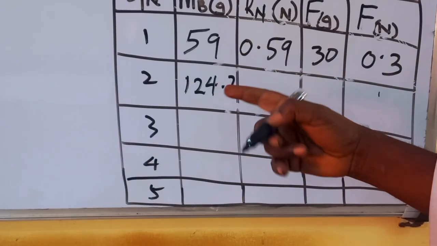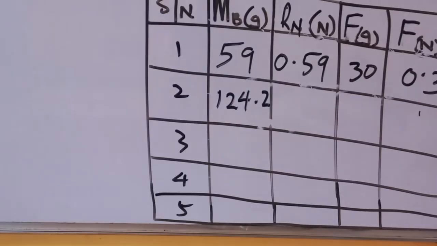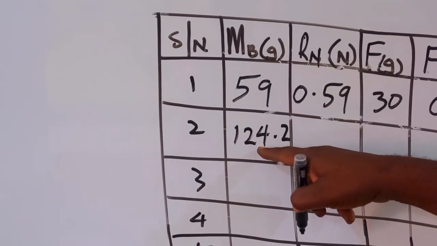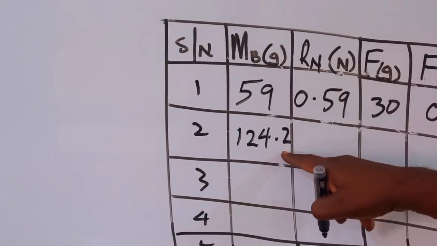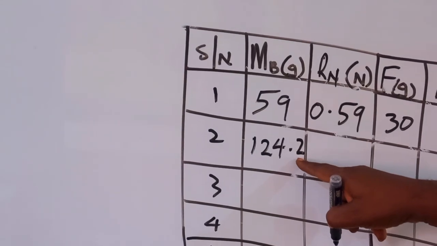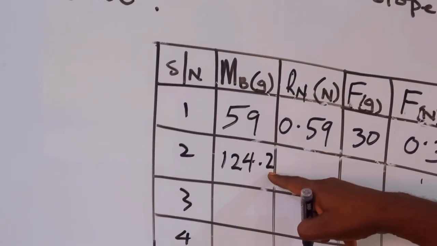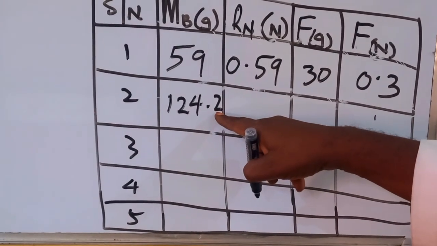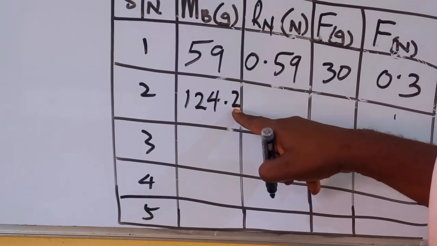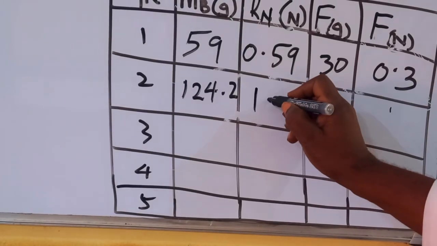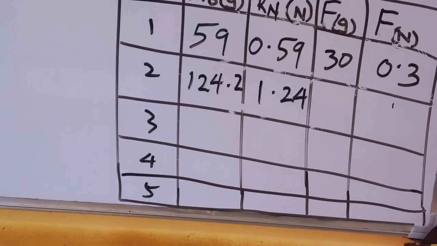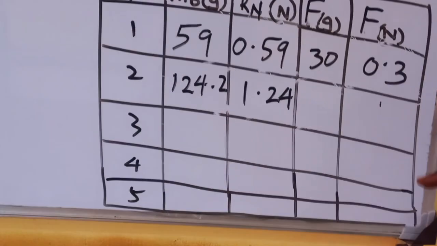That is, I've added our new 65.2 plus 59.0 to obtain 124.2 gram. Now if I divide that by 1,000 to convert it to kilogram, and then multiply by 10 to make it a normal reaction, I will obtain 1.24 Newton.